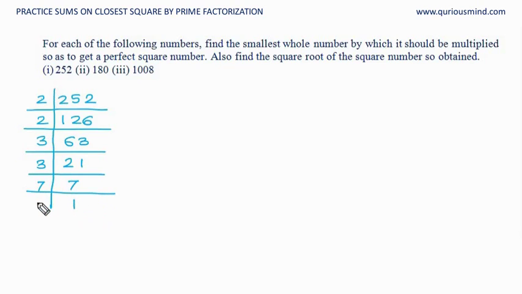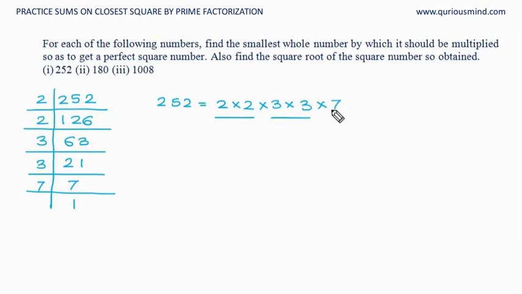Reached 1, so these are the factors of 252. And let's now look for the pairs. So I have these two numbers in pairs. 2 is in pairs, 3 is in pairs, but 7 is alone. We don't have a pair.